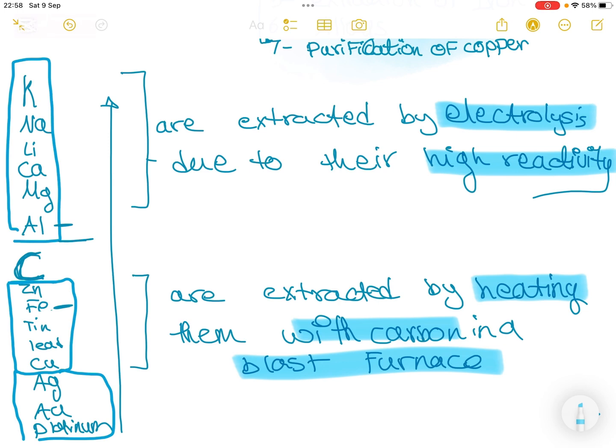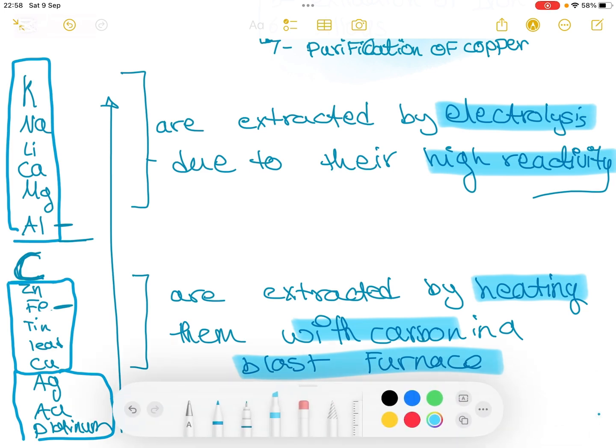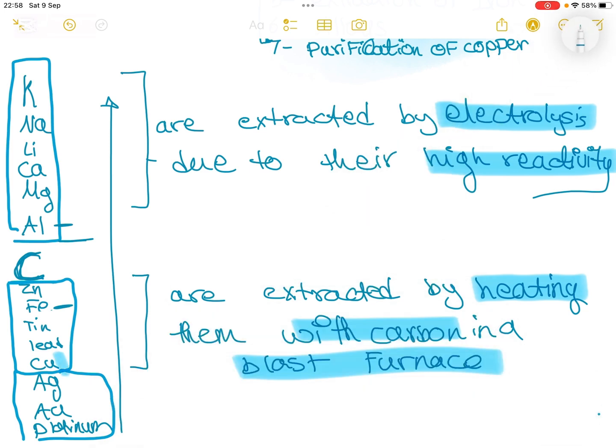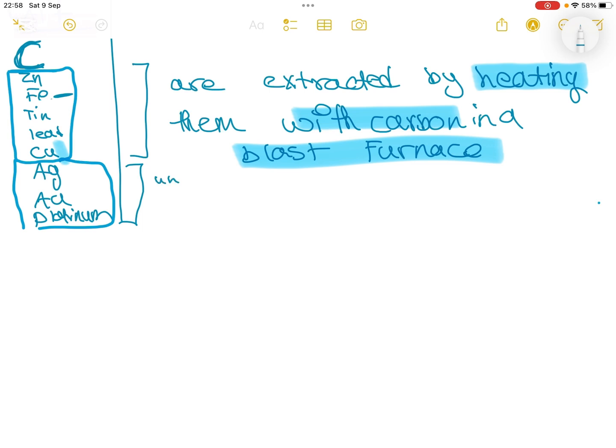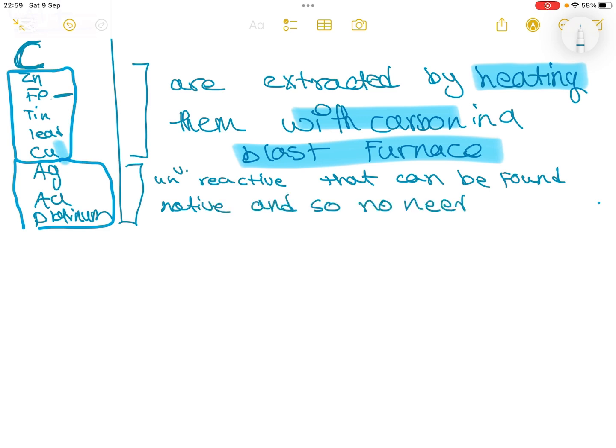You'll find them on their own, native, not in a metal oxide, so there is no need for extraction.